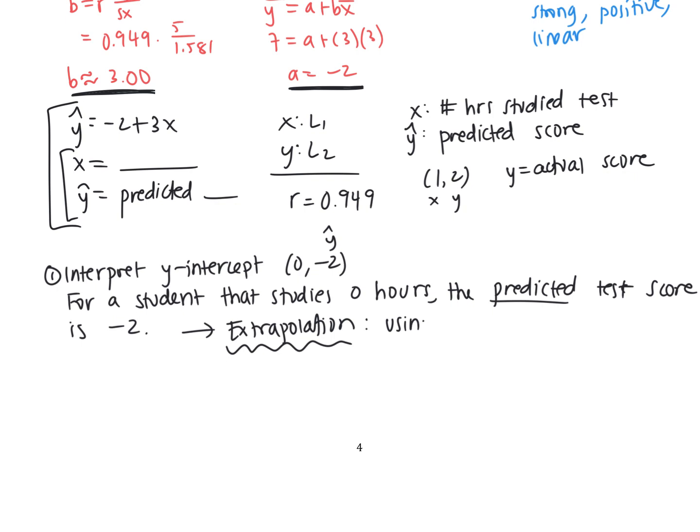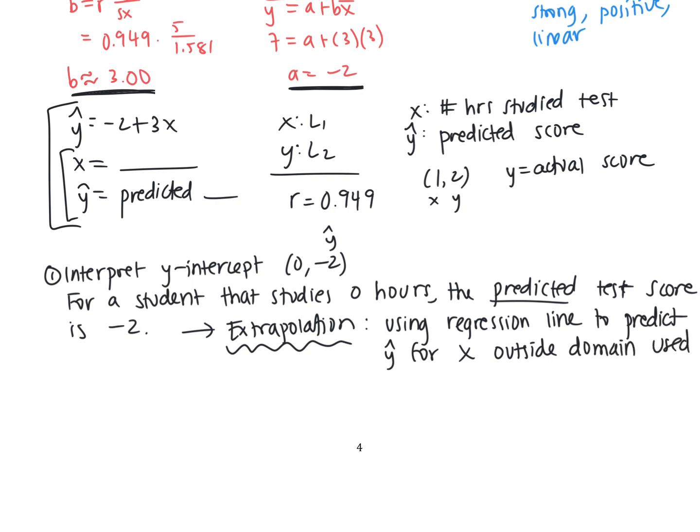Extrapolation is using your regression equation or your line to predict a y value for an x outside the domain used to create the equation. So for example, our points had x values between 1 and 5.